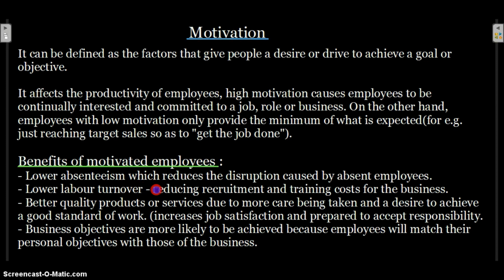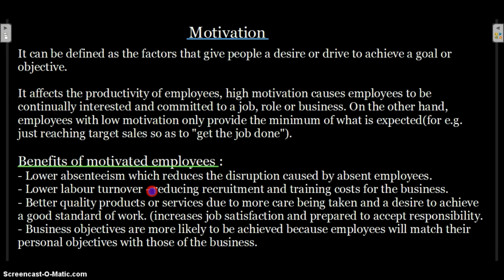There will be lower labor turnover, which means reducing recruitment and training costs for the business. Labor turnover basically happens when employees are not satisfied with their job, or they find some other opportunities, so they just leave the business and join other firms, maybe your competitors.